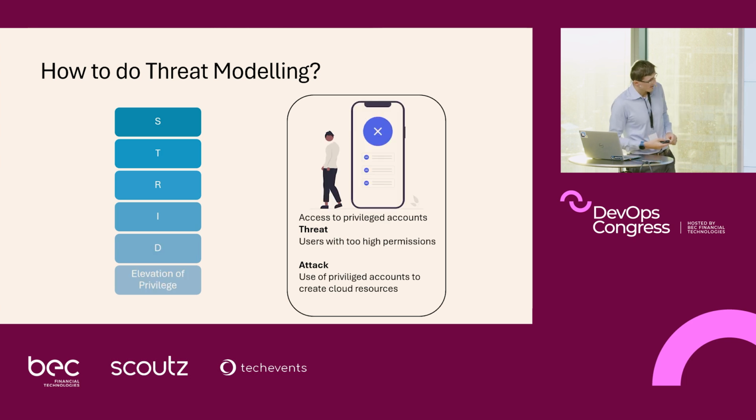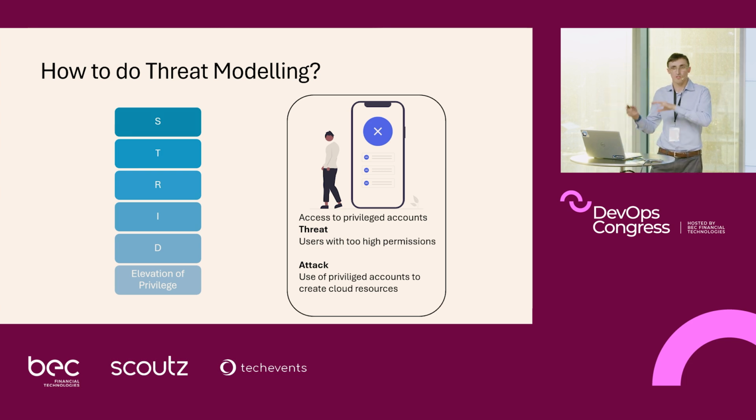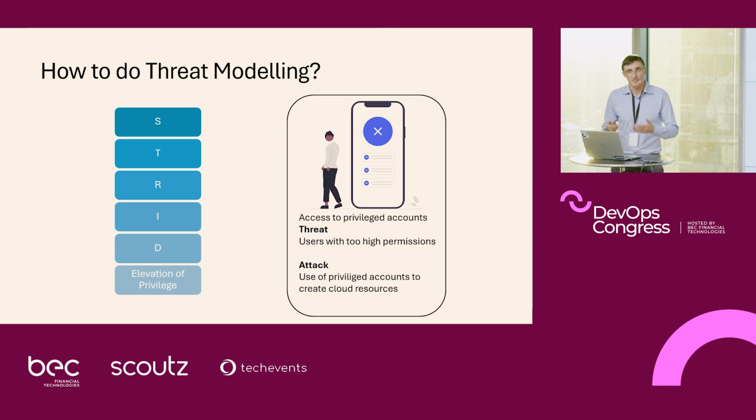And the next and last threat category is elevation of privilege. It means having access to some privileged accounts. For example, if somebody has access by mistake to some privileged accounts for cloud resources, they could create resources at our cost, which could be expensive, of course, and could also access already created instances, data, and logic, and can do almost anything.